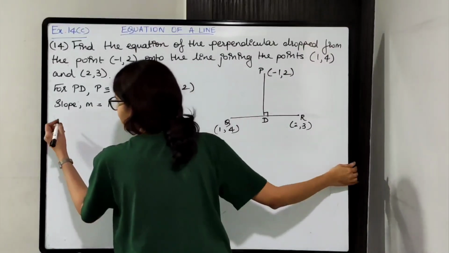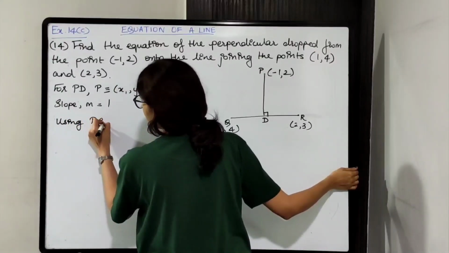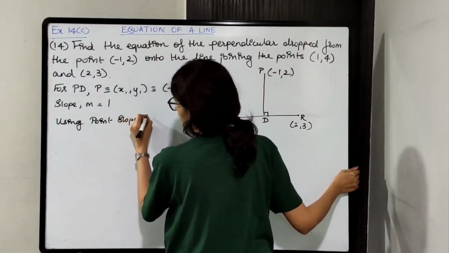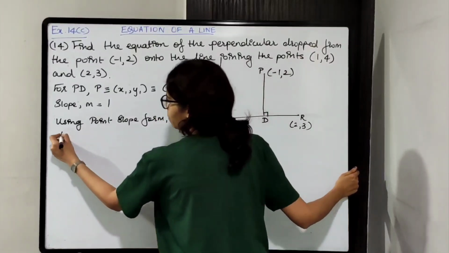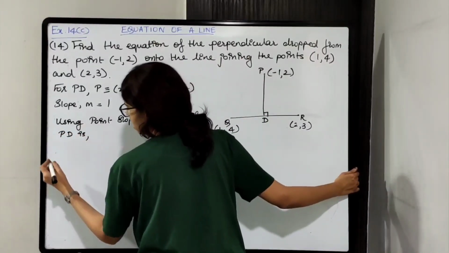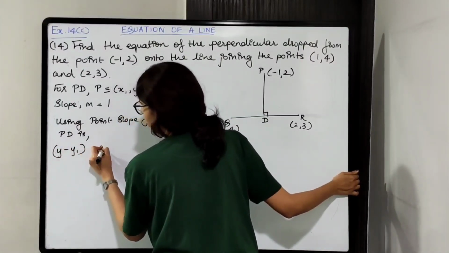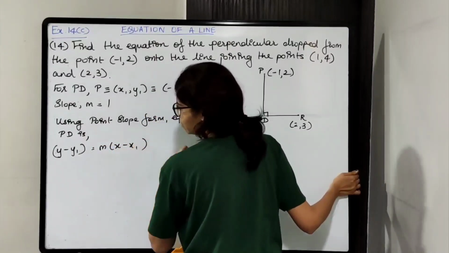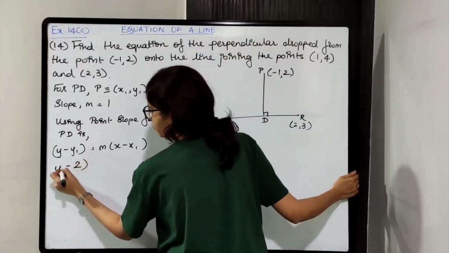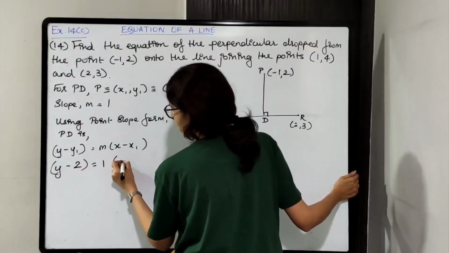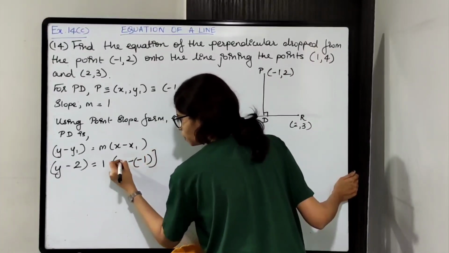So using point slope form, the equation of PD is y minus y1 equals m into x minus x1. y as it is, y1 is 2, m is 1, x as it is, x1 is -1, so -1, and put box brackets.